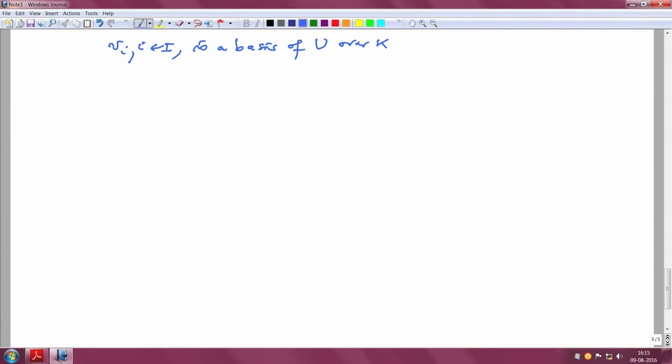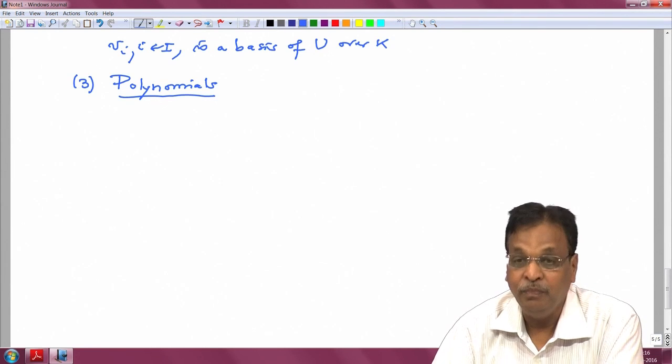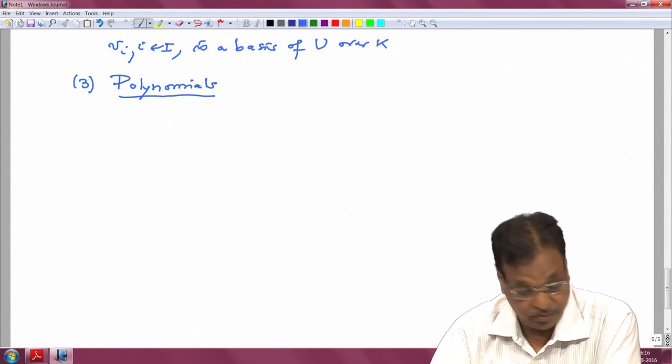Okay, now next I want to recall the third one. I want to recall for future also a couple of remarks about polynomials. First about polynomials. After this I will come to polynomial functions, and after that I will even come to rational functions, and after that many more interesting functions which will be very useful in analysis courses, for example.